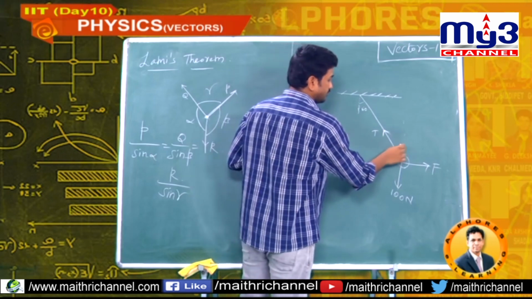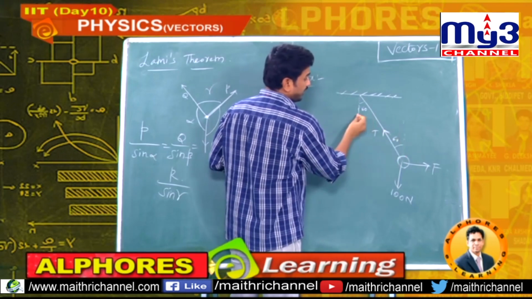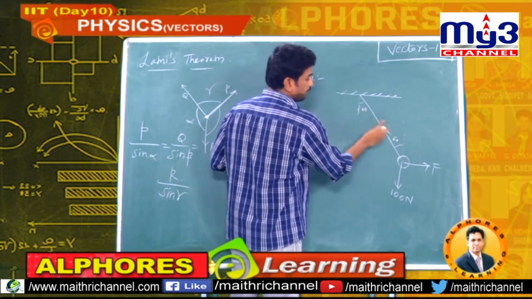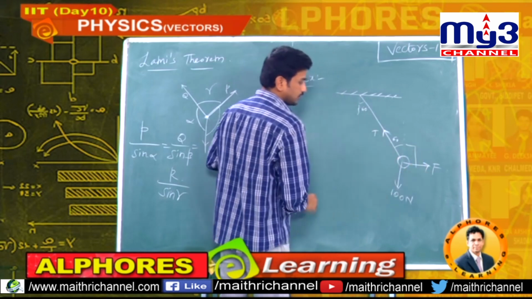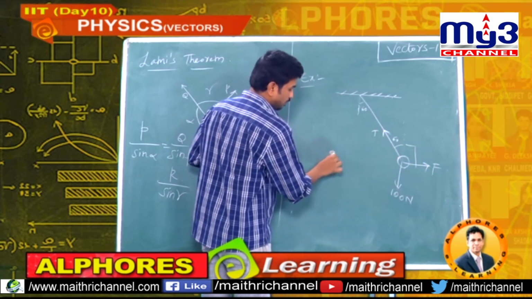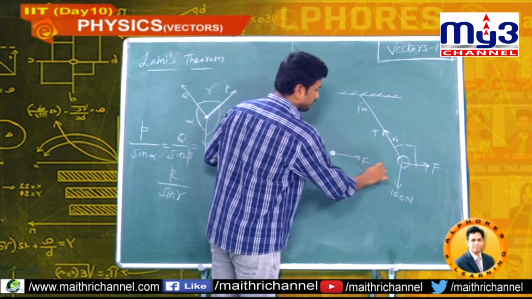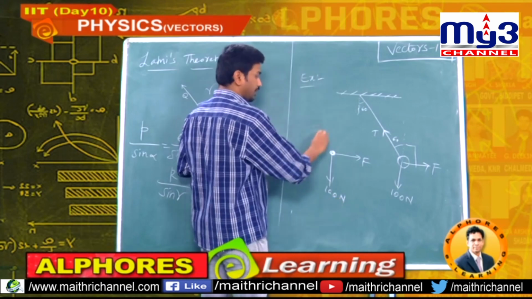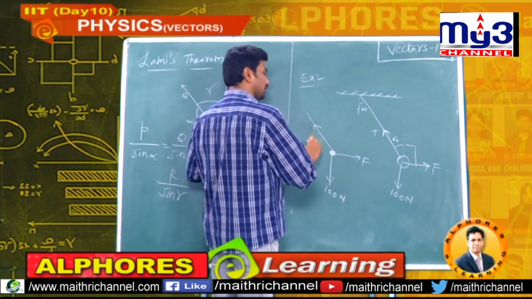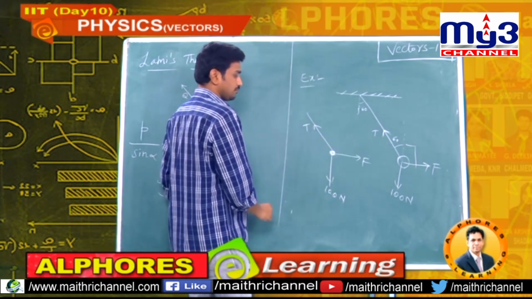See here, this is 60. Two parallel lines, transversal line, pair of opposite angles equal. Here it is a 90. See here, I will write here, it's a bob, horizontal force F, vertical force 100, and now this is tension T. Now can we apply?